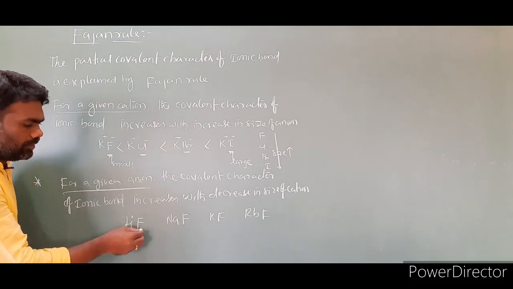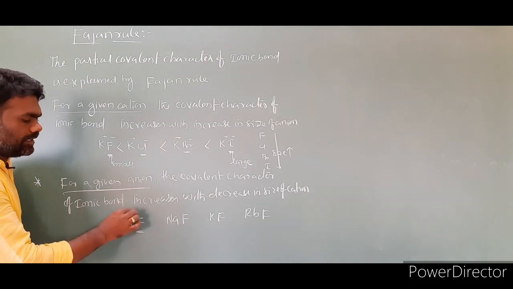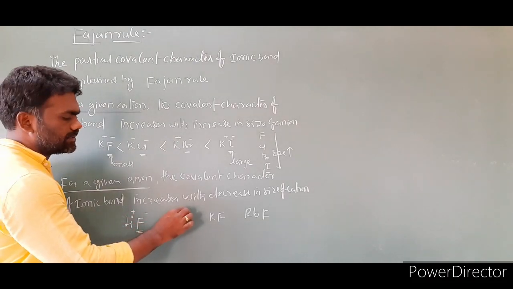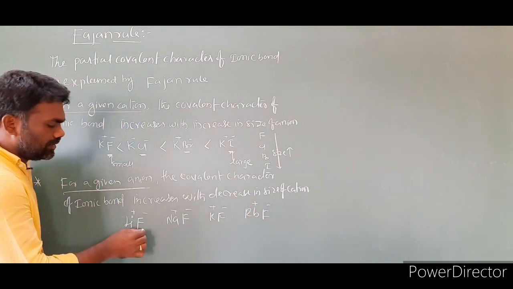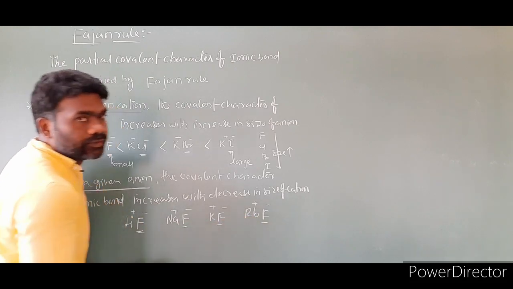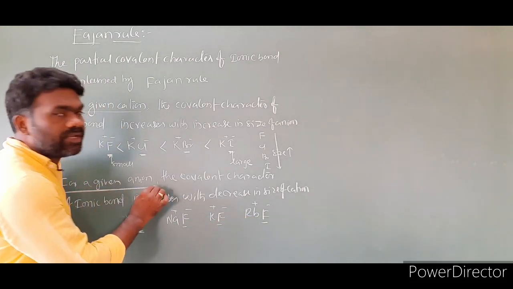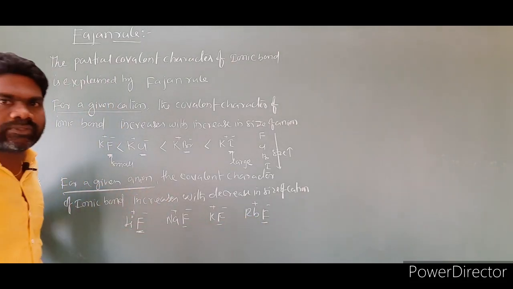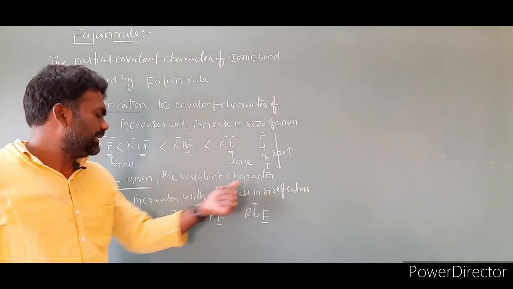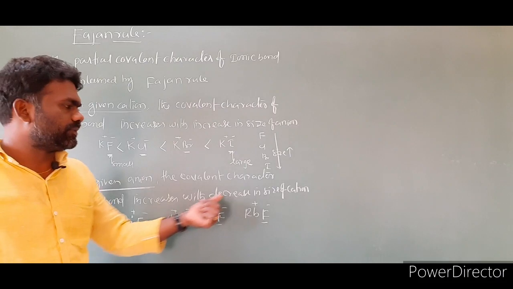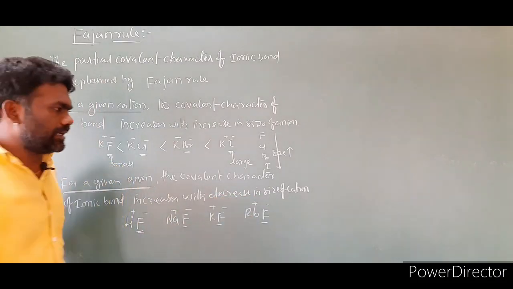What is the common here? Li plus F minus, Na plus F minus, K plus F minus, Rb plus F minus. Here anions are common, so I wrote here for a given anion. For a given anion, the covalent character of an ionic bond increases with decrease in the size of the cation.